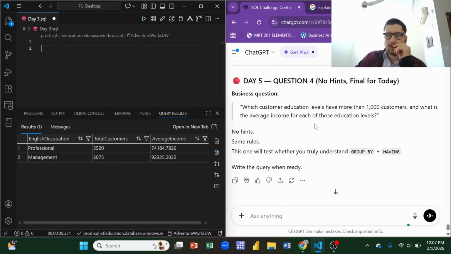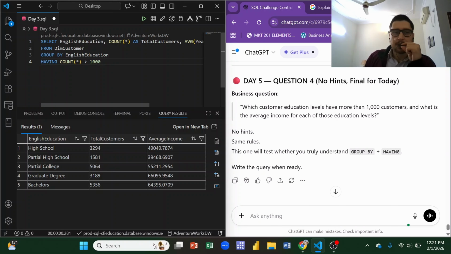Day 5, question 4. No hints, final for today. Business question: which customer education levels have more than 1,000 customers? To solve question 4, we selected the dimension table, which is our customer table.